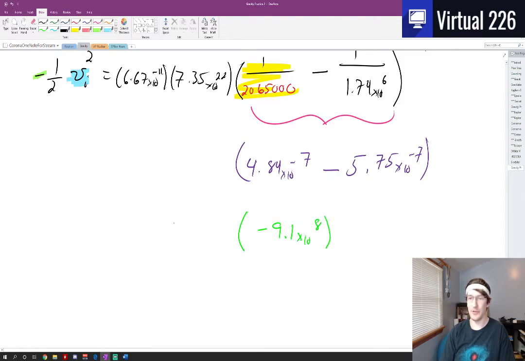And I need to multiply that by the 7.35 times 10 to the 22nd, and by the 6.67 times 10 to the negative 11th. So let's multiply all those together.